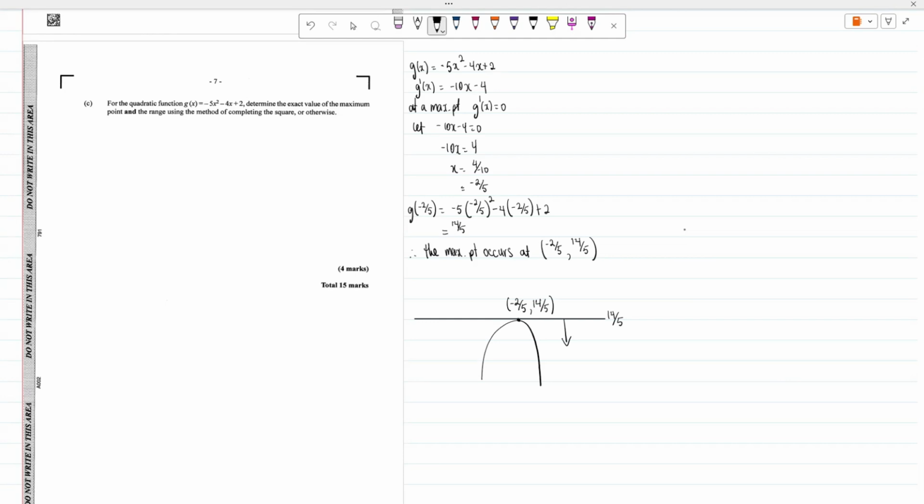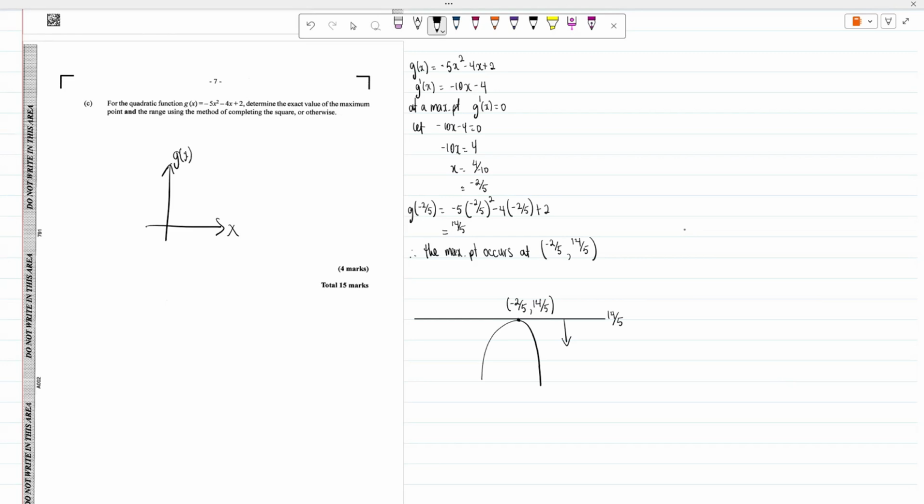Now, since the range is locked to the y-axis, this question doesn't have a y. It has a g of x. So this range will be locked to the g of x axis. If I had y is equal to, this could be my y and this could be my x. But I don't have y is equal to, I have g of x is equal to.